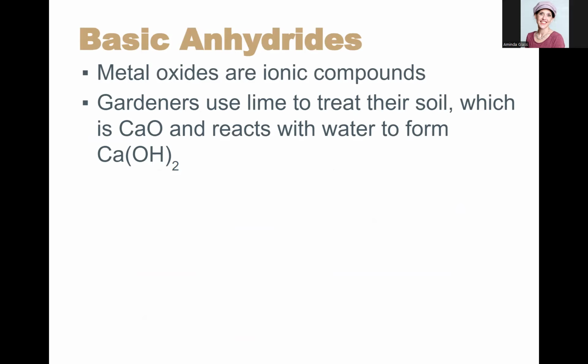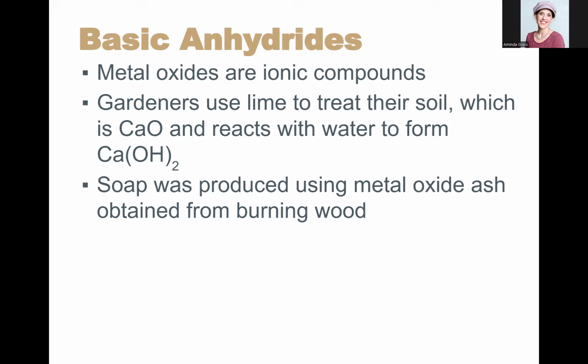Where I live here in Utah, we have very basic soil, so I have to treat it to get it more acidic, especially if you have blueberry plants. Blueberry plants tend to struggle in Utah because our soil is so basic. So we need to add some acidifier to make the soil more acidic for the plants.